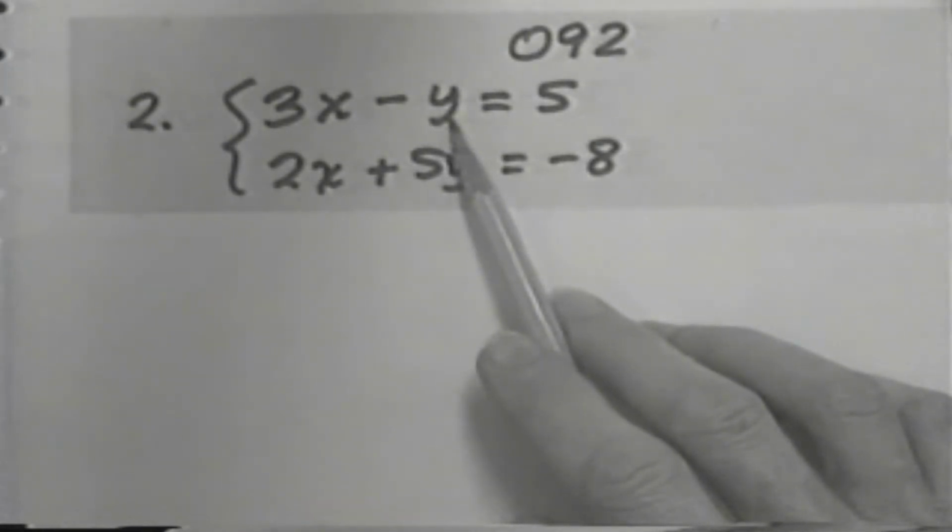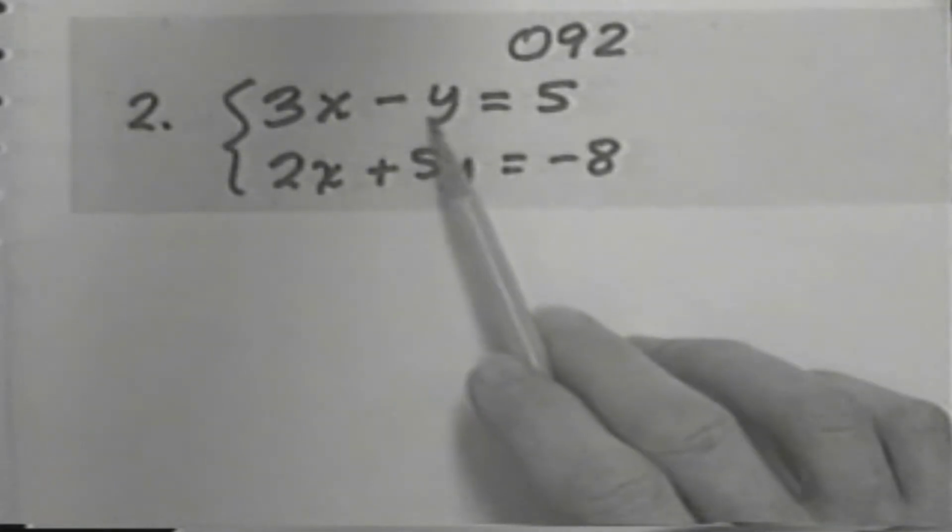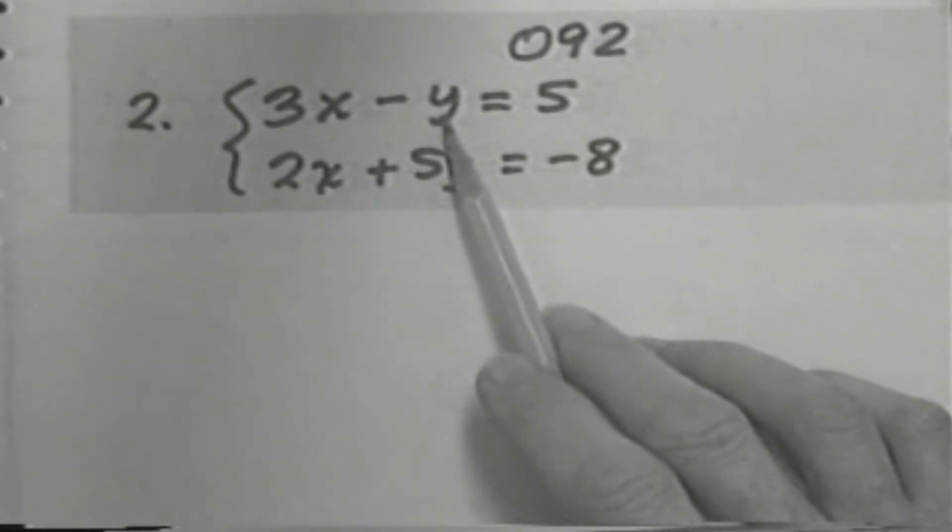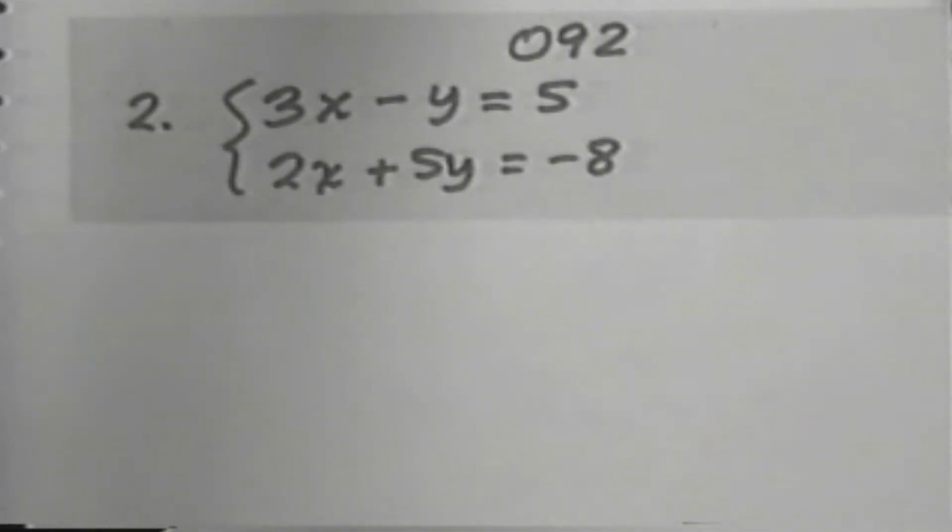For the y in the first equation, when we subtract the 3x and then divide by negative 1, the negative 1 would result in integers rather than fractions. And so the smartest choice would be to solve for y in the first equation. So let's do that. Let's solve for y in the first equation.